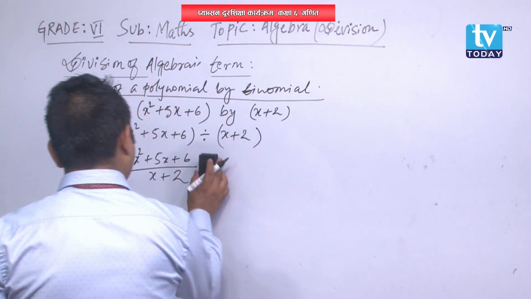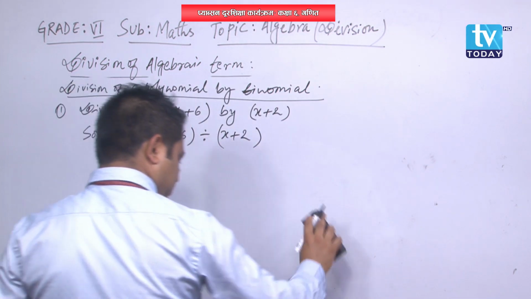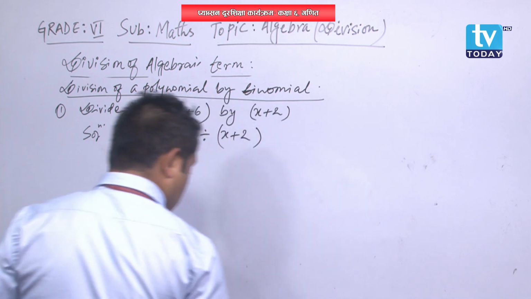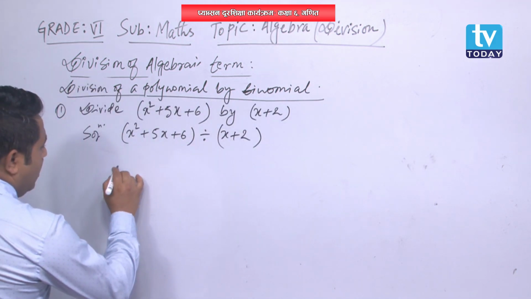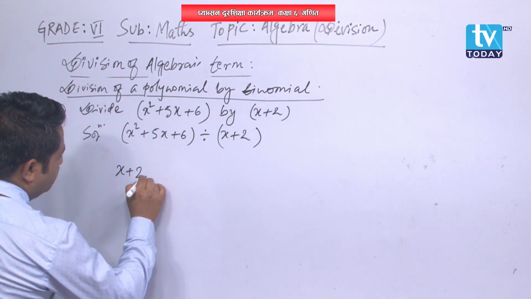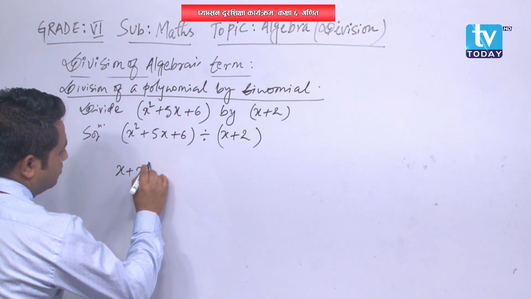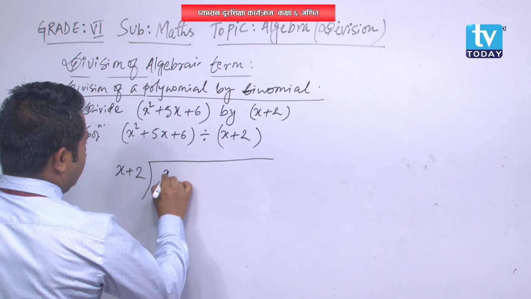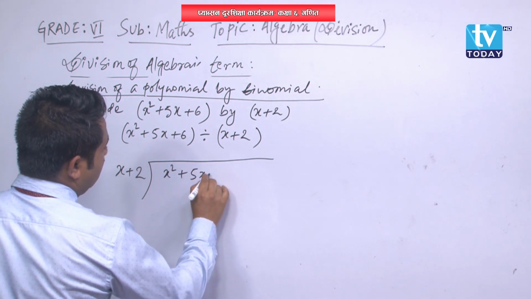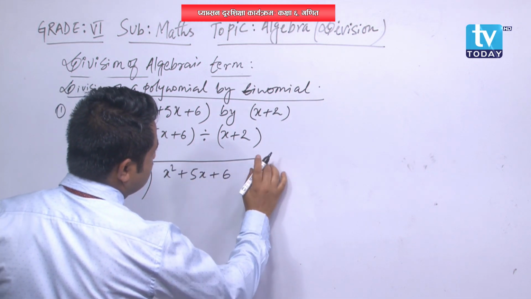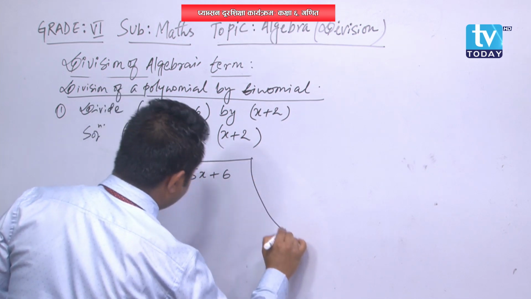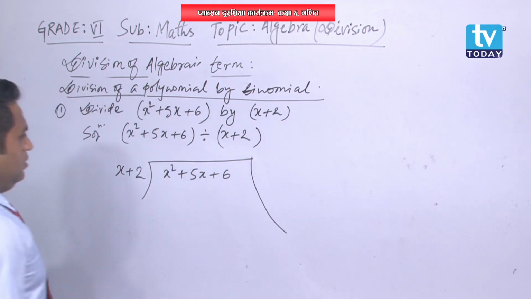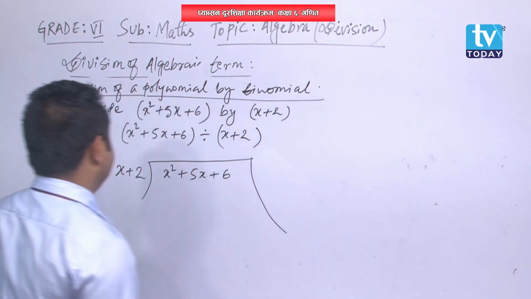You can divide x square plus 5x plus 6 by x plus 2. Please check here.